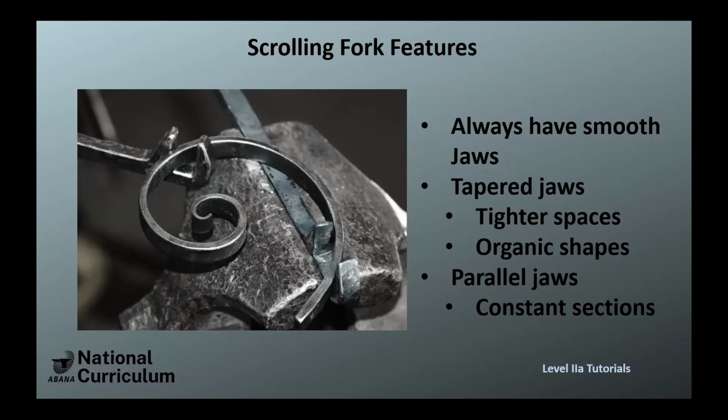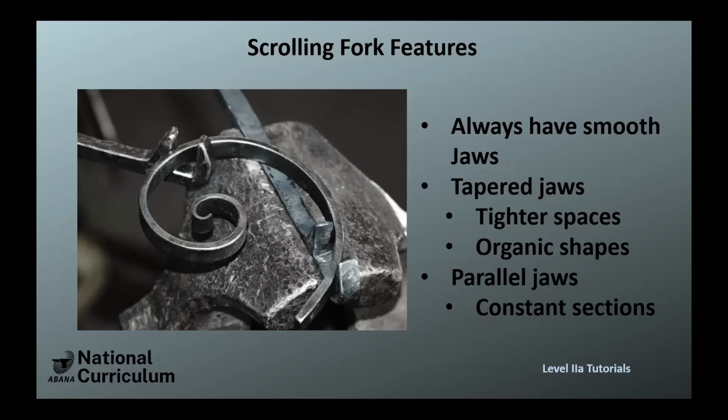So the features that we need on a scrolling fork are that we need it to have smooth jaws. That's just so that we don't mark the face of our work when we are scrolling. We can choose whether we want to have tapered jaws that we can get into tighter spaces, and those will work better for organic shapes.